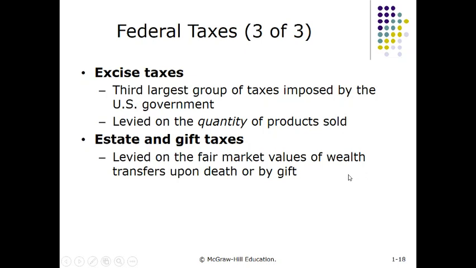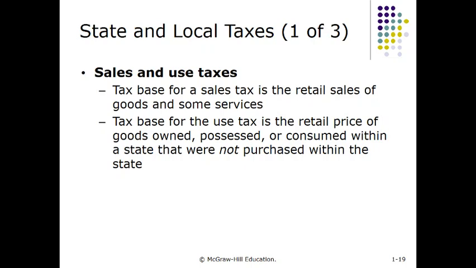Not really familiar with it, but apparently it's a pretty large amount. Estate and gift taxes are taxed on essentially the privilege to transfer property to your heirs or beneficiaries. Sales and use taxes, should be pretty familiar with those unless you live in Oregon, which doesn't have a sales tax.